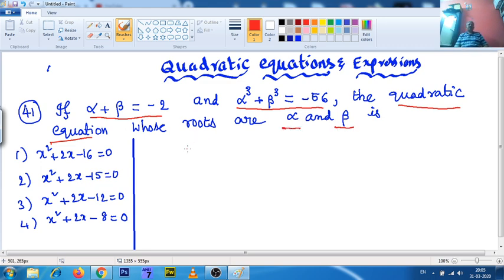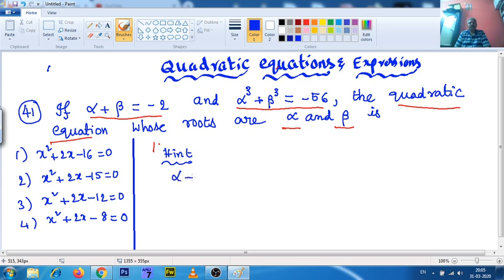So with the help of alpha plus beta value and alpha cube plus beta cube value, we need to find alpha beta so that this problem can be solved. So now we can solve this problem like this.